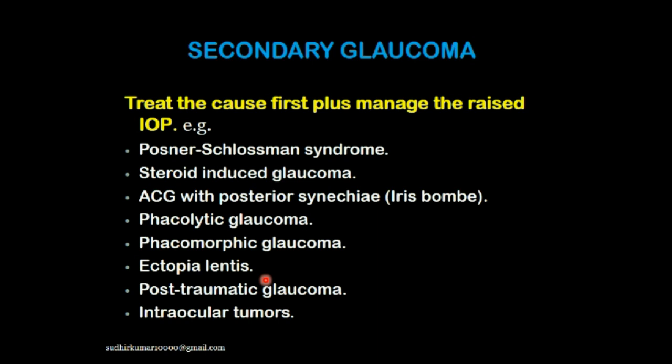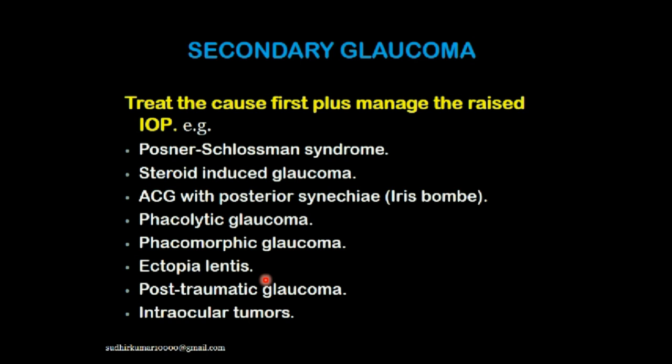Now, post-traumatic glaucoma. Trauma can cause glaucoma in the early phase, that is just after the trauma, because of uveitis and trabecular meshwork inflammation. But in longer duration, that is after 5 to 10 years, the iridodialysis, which occurred at the time of injury, might have got scarred and caused glaucoma.